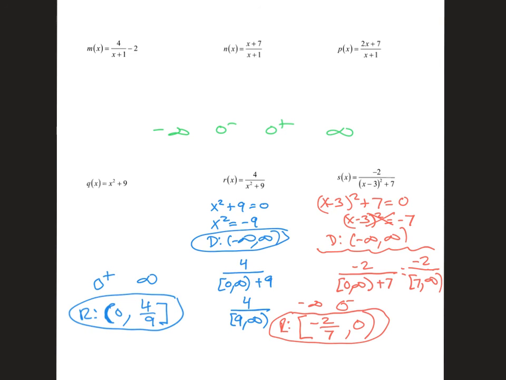Because of the nature of R of x, I knew right away looking at this expression that I didn't have to worry about the negatives. Similarly, with S of x, I knew because of this fraction that I didn't have to look at the positives. But sometimes you will have to look at all four extremes. Okay, that's it.